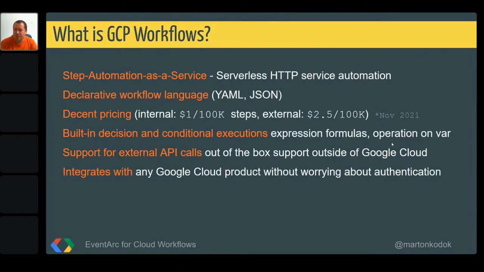So if we want to say more about what GCP Workflows is, it's step automation as a service. It means that if you have an HTTP service, API, REST API, whatever we call it, it can actually connect the dots for it. And we say that it's a serverless thing because you don't need to provision GCP Workflows at all.